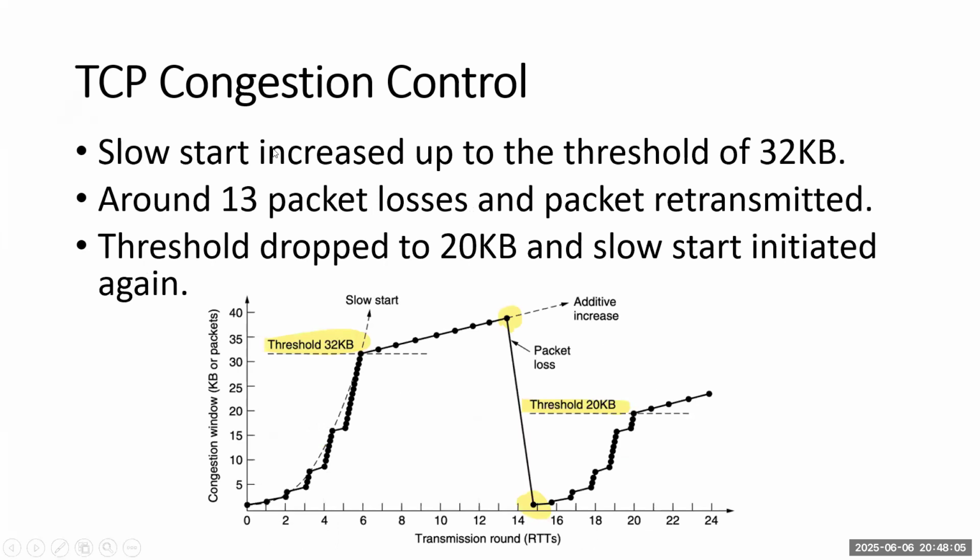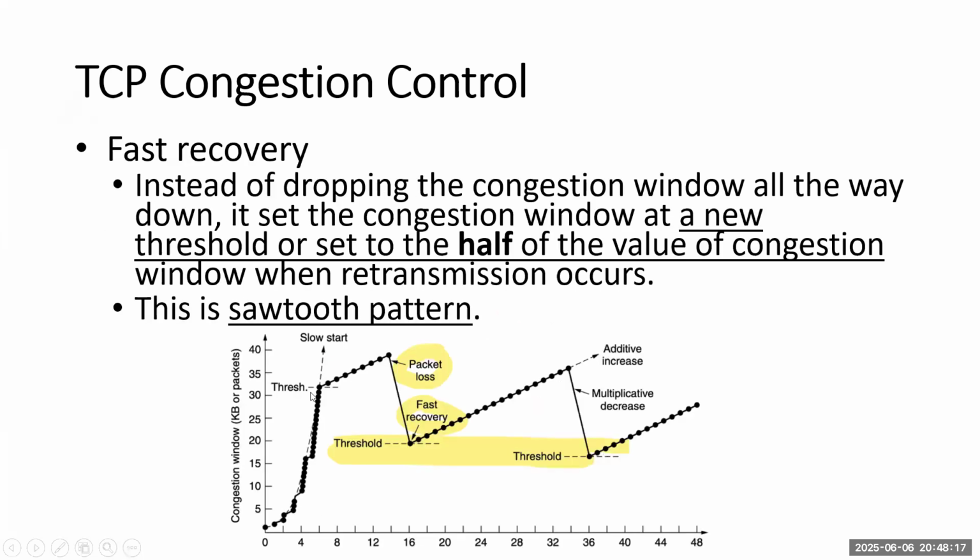This is called the slow start approach. When you have an issue, you drop it to zero and again try to increase. And again, when you get an error, you drop it to zero. But that is not practical, not very productive. This is much more productive. You drop it and again increase. And if this time it happens at, say, 36, then you drop it to 18, not 20, and again try to increase, because these are dynamic things.